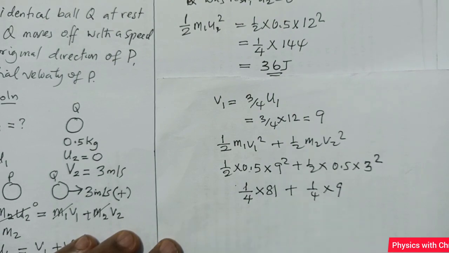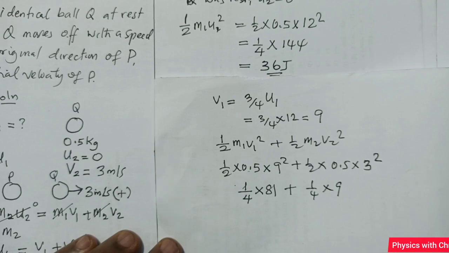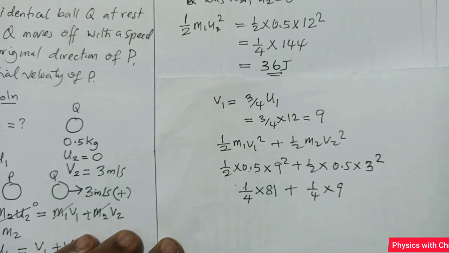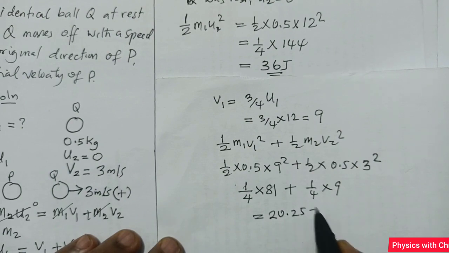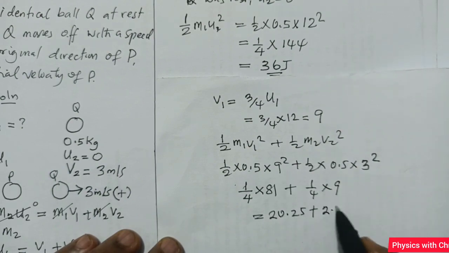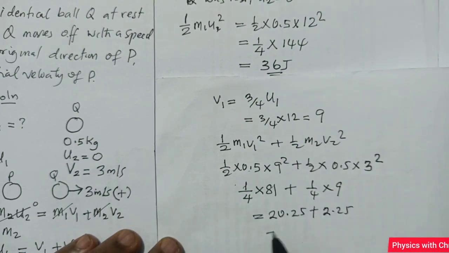Okay, so 1 over 4 of 81, 81 divided by 4 equals 20.25. That gives me 20.25 plus 1 over 4 of 9, that gives me 2.25. So adding this together will give you 22.5 joules.